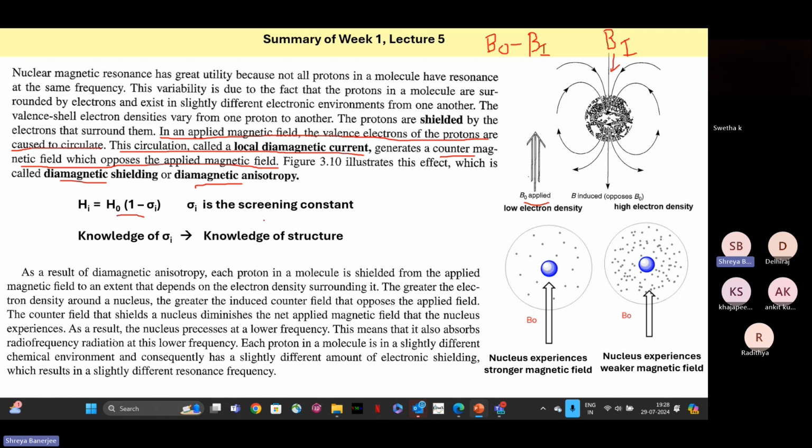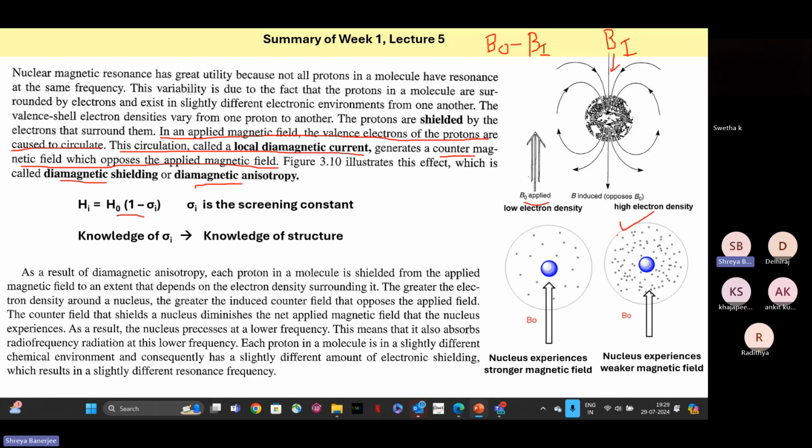And so the screening constant basically depends on the electron density surrounding the nucleus. If the electron density is high, so if you look at this diagram, electron density around the nucleus is high.